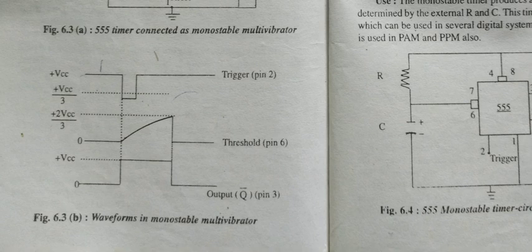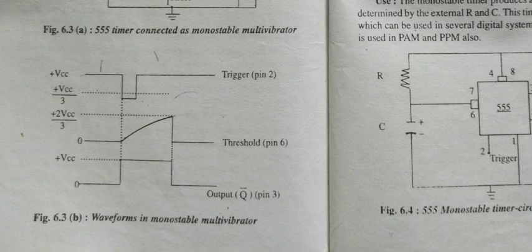This cuts off the transistor and allows the capacitor to charge through resistance R. The larger the RC time constant, the more time the capacitor requires; T is equal to RC. We have already studied this in standard 11 in the topic of capacitors. Now the time constant is given, so the capacitor requires more time to reach plus 2 VCC by 3.